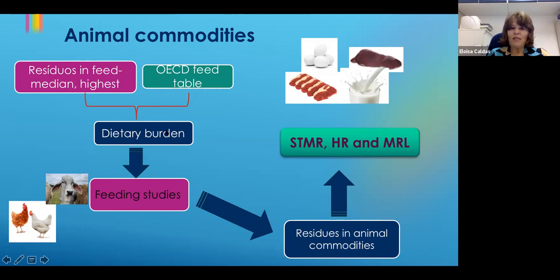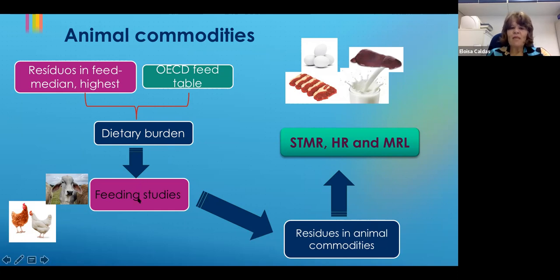For animal commodities, you have that value and compare what we call feeding studies. So the feeding studies is different from the metabolism studies, because the metabolism study is done with label compounds and everything. Here, feeding studies, the company does that. Give to the animal a dose of the pesticide that would be close to the dietary burden.